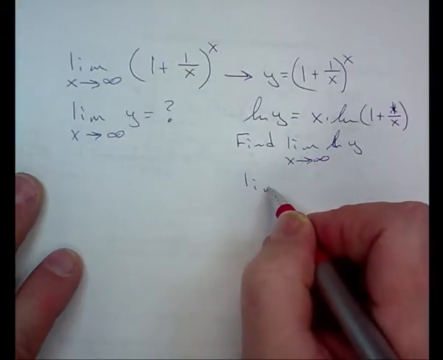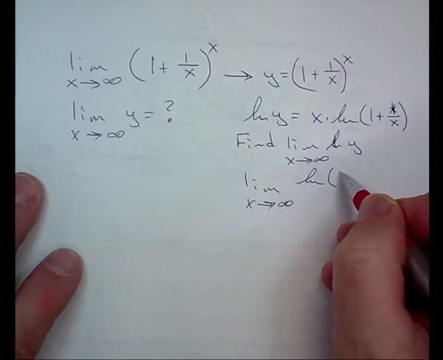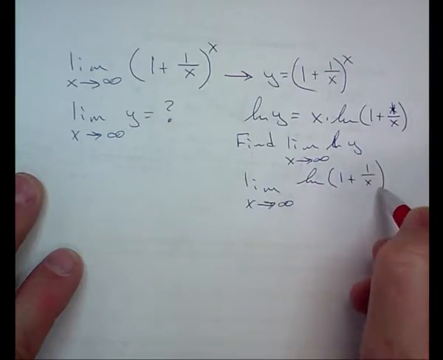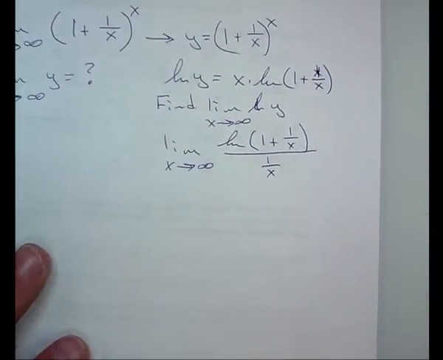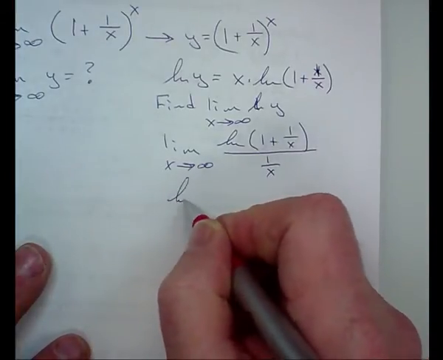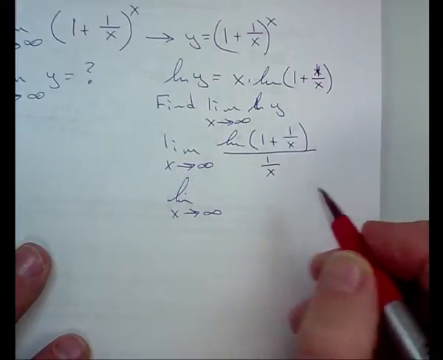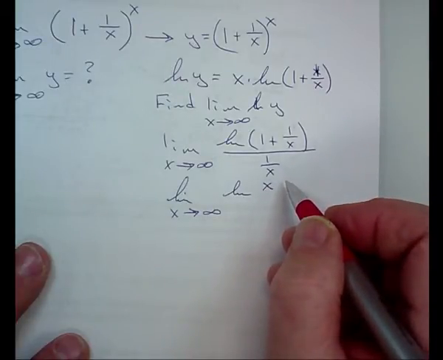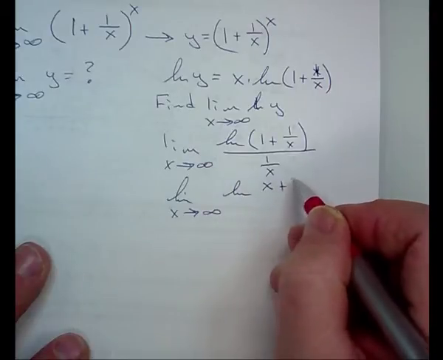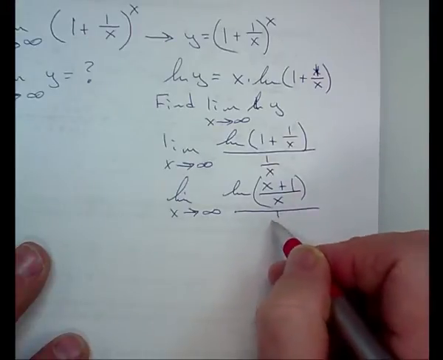I'm going to write the natural log of 1 plus 1 over x, over 1 over x. Okay? I'm going to write this as the limit as x goes to infinity of the natural log of x plus 1 over x, divided by 1 over x.